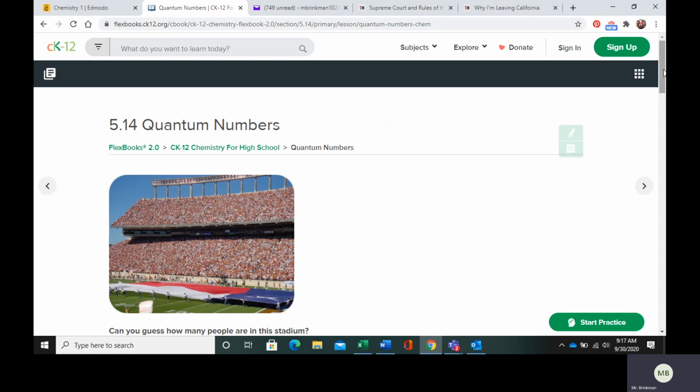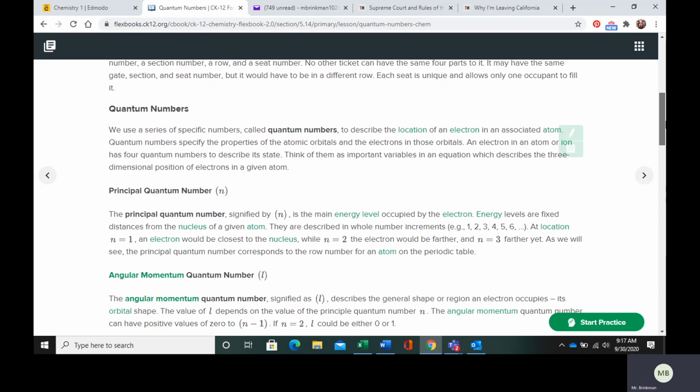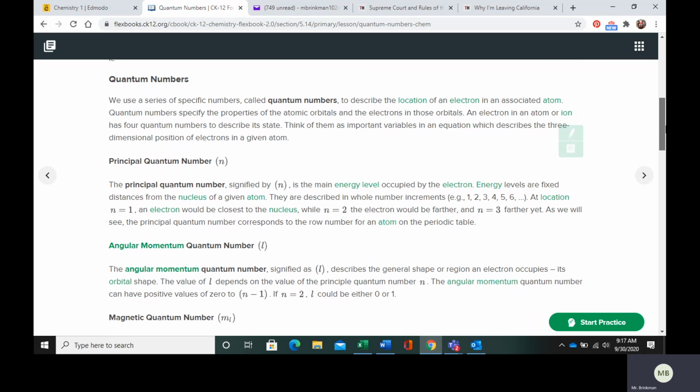So let's look at what quantum numbers mean. Quantum numbers, the very simple explanation is they describe the location of an electron in an associated atom. So they describe where an electron is, but there are a few ways that you can describe the location of an electron.